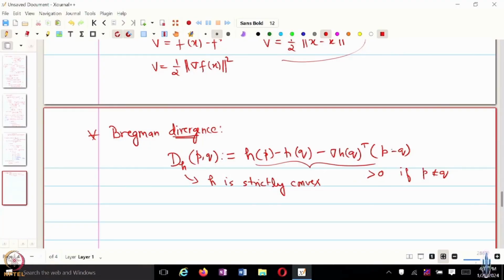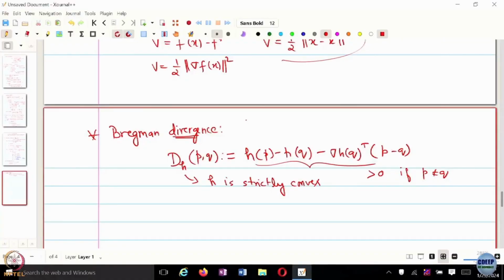Okay. But you would require h to be strictly convex in this case. Convexity alone wouldn't help, because in that case this term is just greater than or equal to 0, not strictly greater than 0, right. So that wouldn't help. So h would be the function f, your function f or something added to your function.